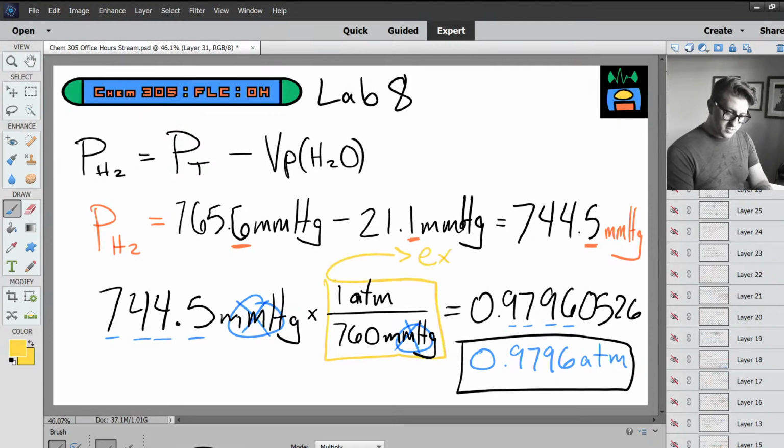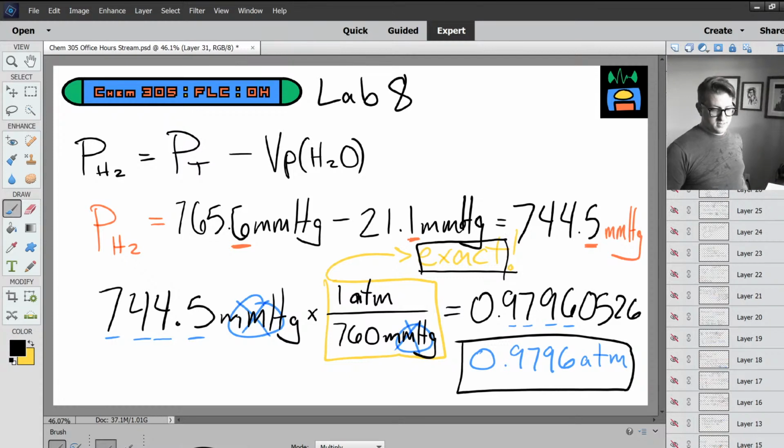It's not measured. So it does not limit your sig figs. It's defined, 760 millimeters of mercury is defined as 1 atmosphere. So because that isn't measured, it doesn't limit your sig figs to 2.